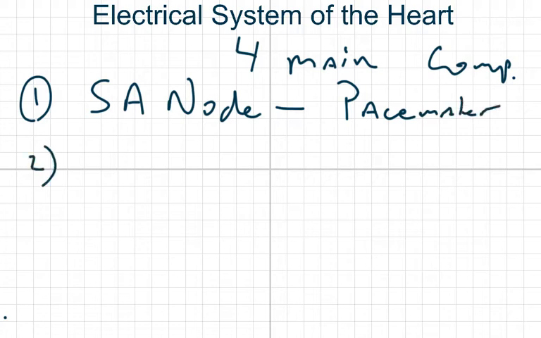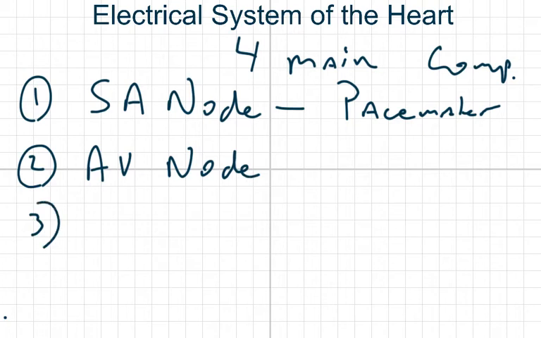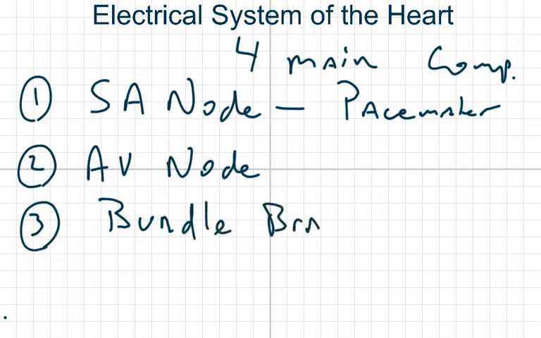The second is the atrioventricular node, also known as the AV node. The third is the bundle branches. And finally, the fourth is the Purkinje fibers.